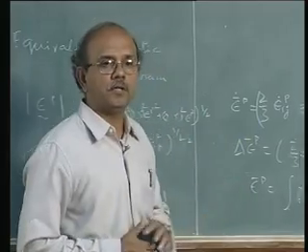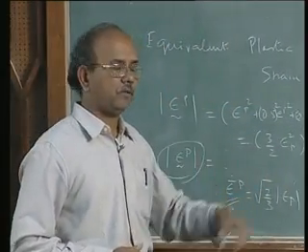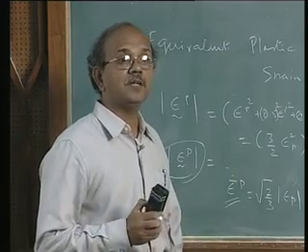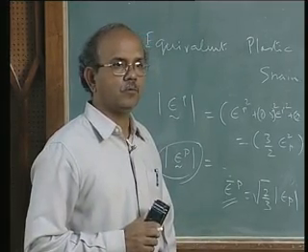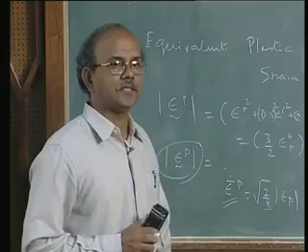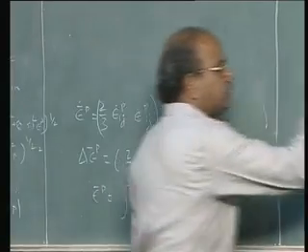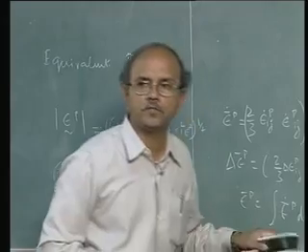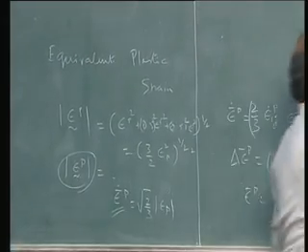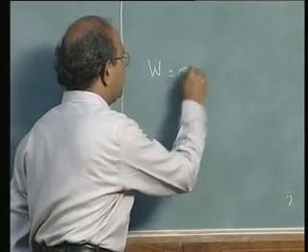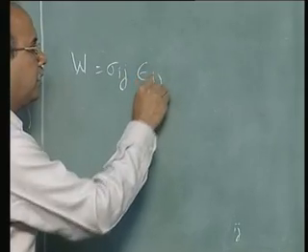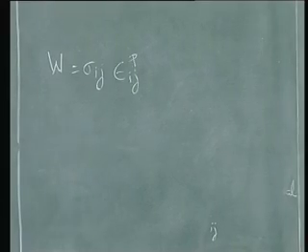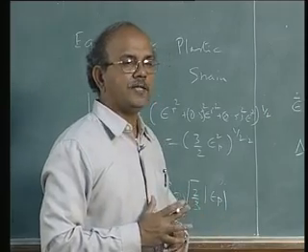Now one of the important quantities that come out during plasticity is what is called the plastic work. What is plastic work? Plastic work is a double contraction of sigma and epsilon p. We had seen that as an example in our previous course. So W p is equal to sigma ij epsilon ij p. Why is plastic work important?